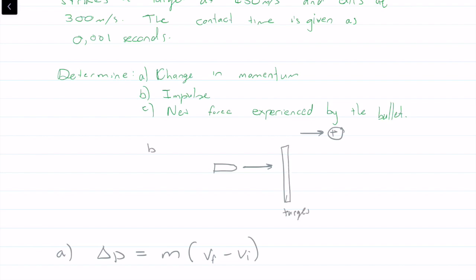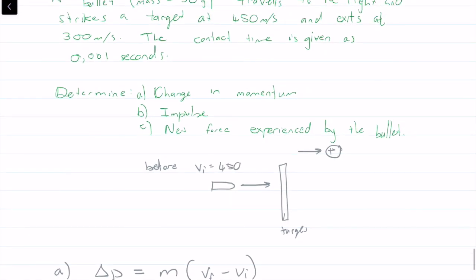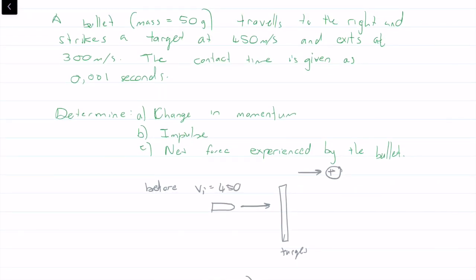Before the collision, velocity initial is equal to 450 meters per second, as given in the question. The mass of the bullet equals 50 grams, and after the collision, the velocity final is equal to 300 meters per second, and they're both in the rightwards direction.